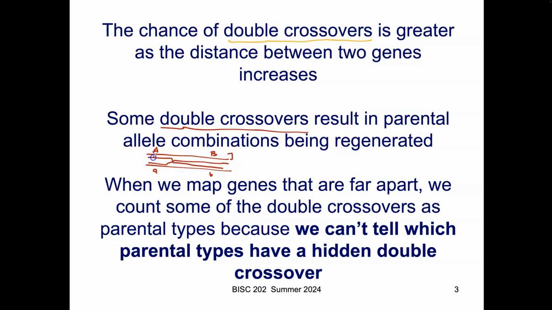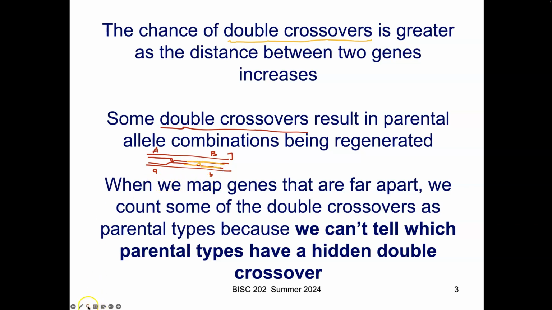And then if we have one crossover, we get some that are dominant for the A allele and then recessive for the B allele. But what if we have a second crossover between them, and that second crossover takes place also between the A and the B genes?